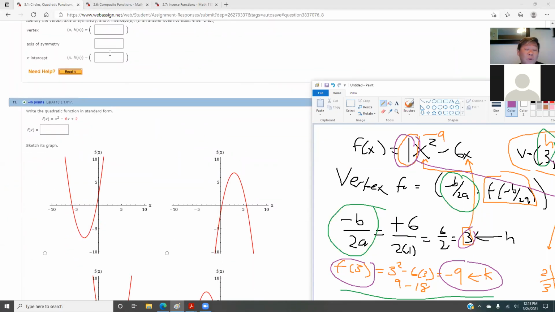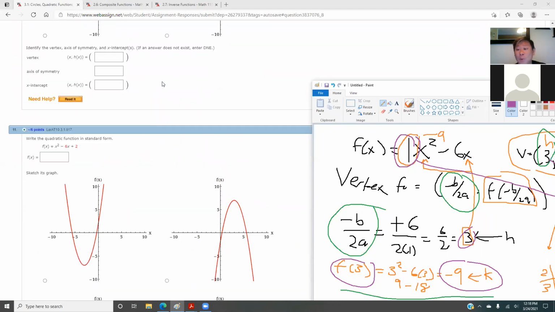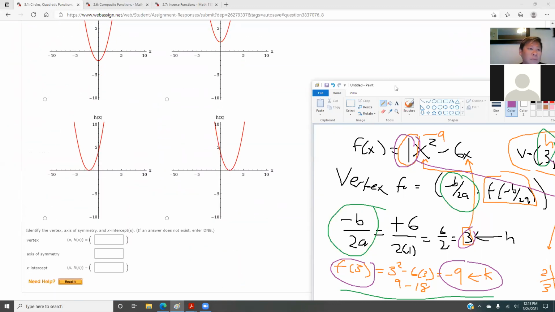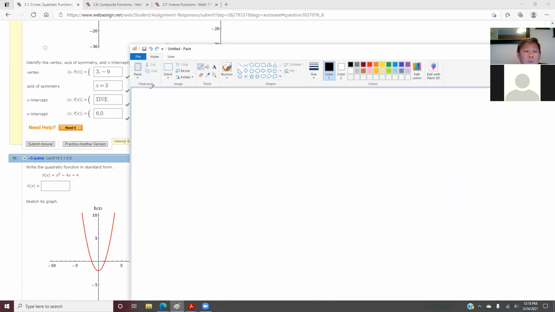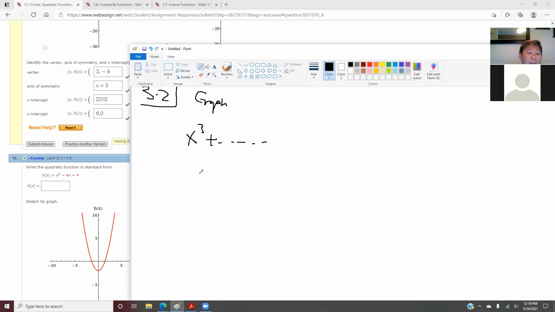So this is 3.1. 3.2 is where we begin to do graphing. In 3.2, the graph is a polynomial graph. So if I give you x cubed plus whatever I want, this graph will have what we call end behavior that looks something like this, because if you remember, the x cubed graph is like that.